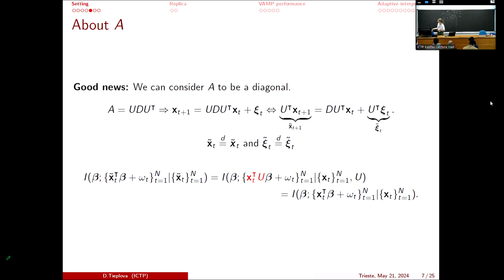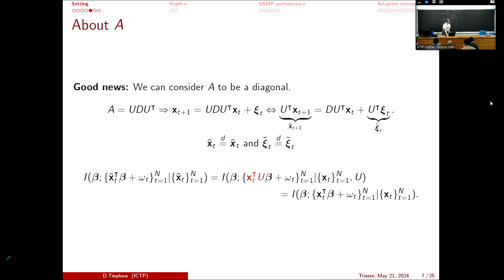So when we condition on x and u, we can just throw this u away and nothing will change. The distribution is the same, and anyway, when we condition on x, we also condition on u, because u is a part of x.